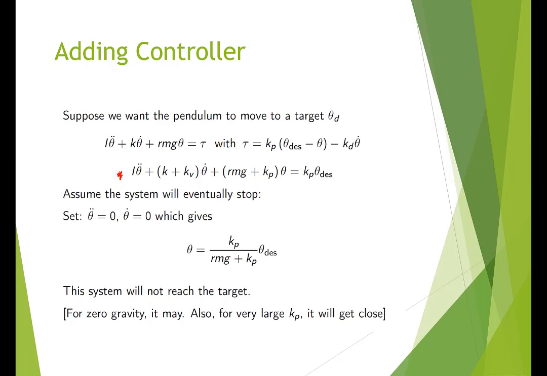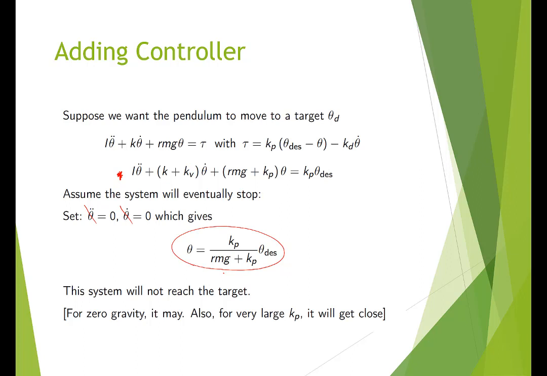But when it's stable, what is the solution? When it's stable, all the derivatives of theta are zero, right? Theta dot, theta double dot, it's not moving. The theta itself, the angle that it stays at, would be like this.